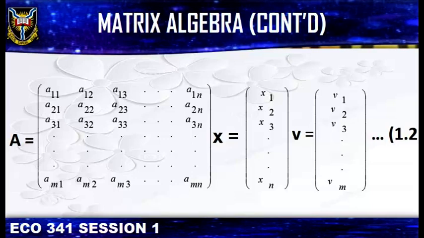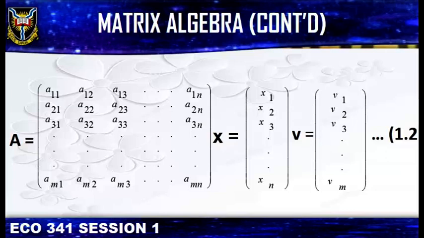A equal to bracket open a11, a12, a13, ..., a1n, a21, a22, a23, ..., a2n, a31, a32, a33, ..., a3n, ..., am1, am2, am3, ..., amn, bracket closed.